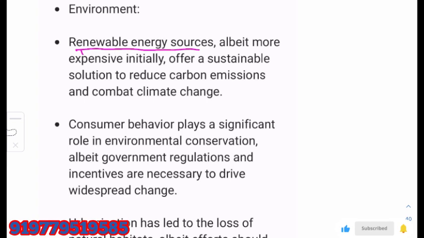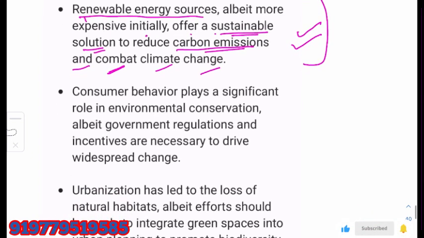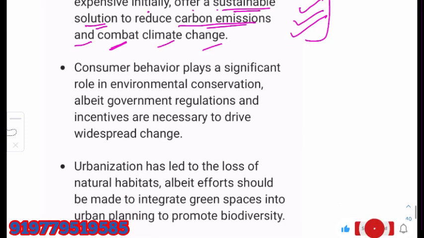Renewable energy sources and resources, albeit more expensive initially, offer a sustainable solution to reduce the carbon emission or the carbon footprint and combat, now you can say reduce, climate change. Again this is idea plus your complex structure plus lexical.